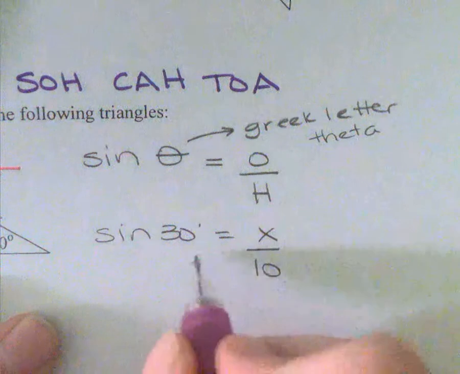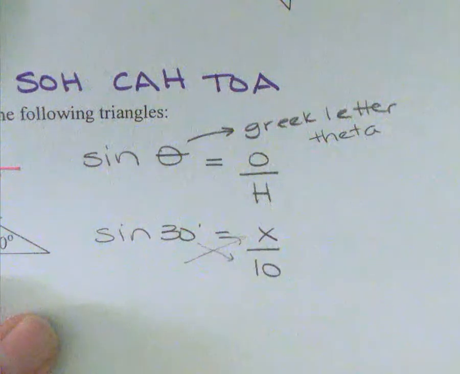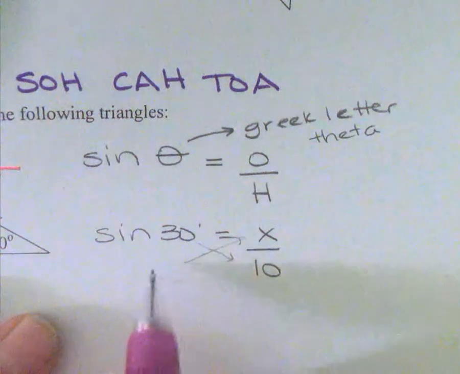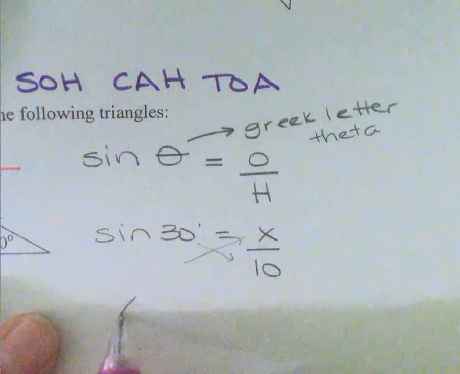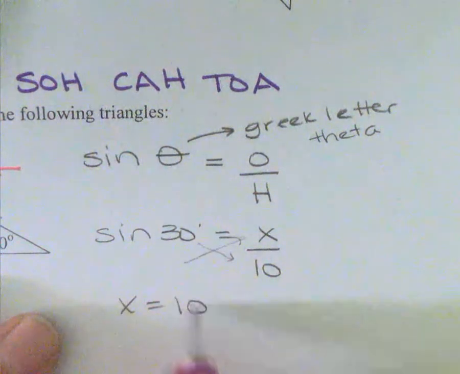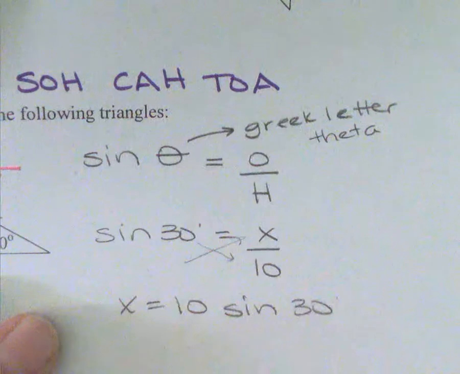So now what I do is I get to cross multiply. So this is really like over a 1. So 1 times x is still x. And this is sine 30 and 10. So I'm going to multiply them. We always put the side in front of the trig ratio.